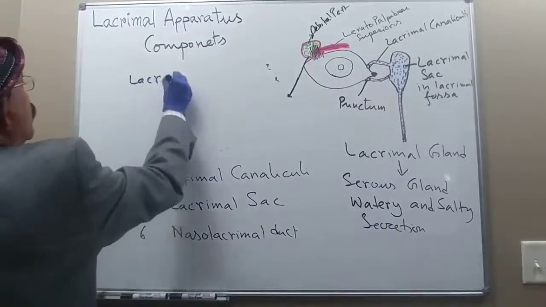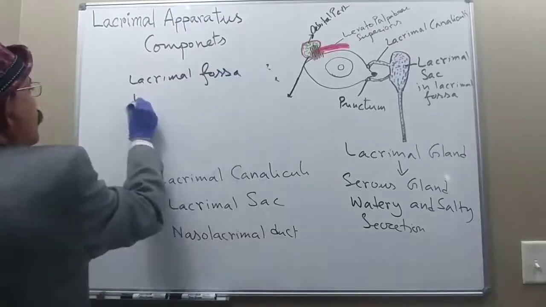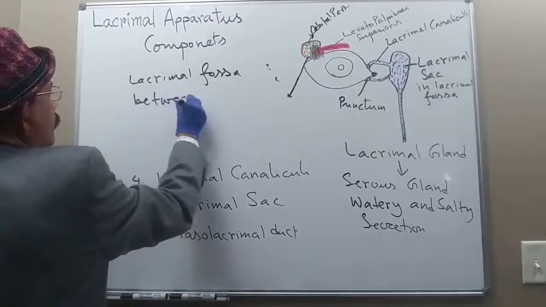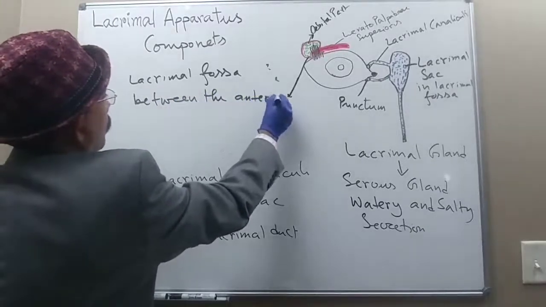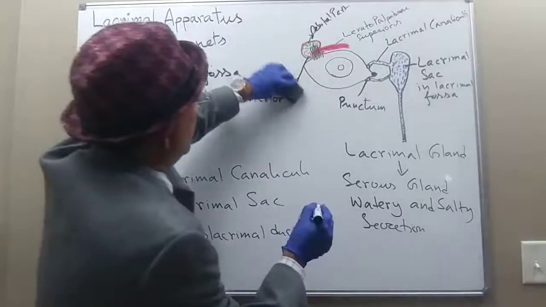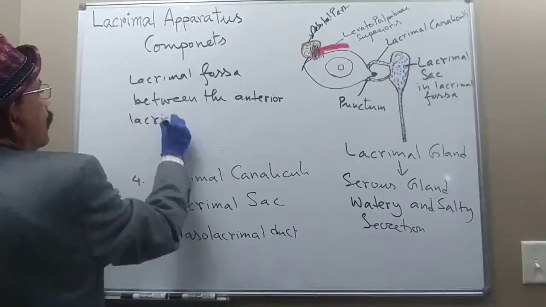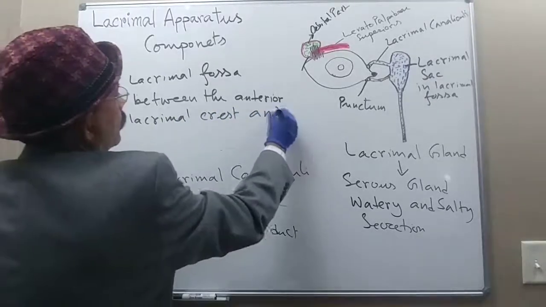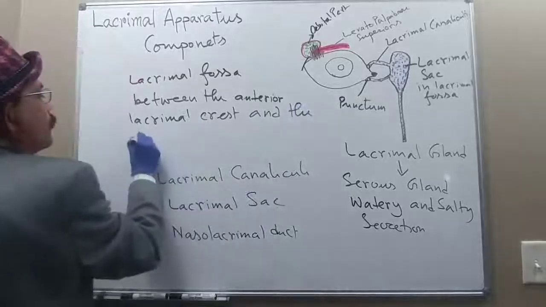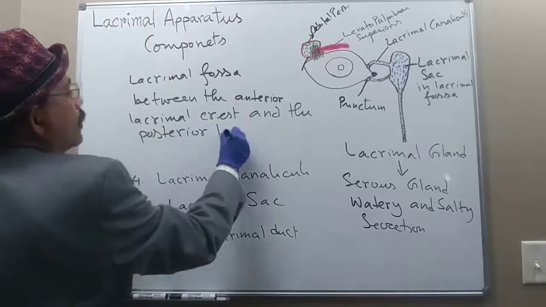Lacrimal fossa lies between the anterior lacrimal crest and the posterior lacrimal crest.